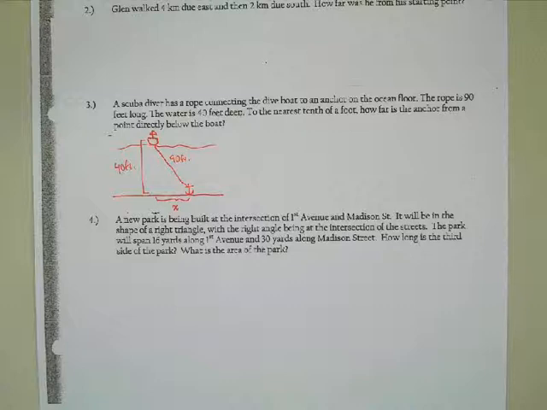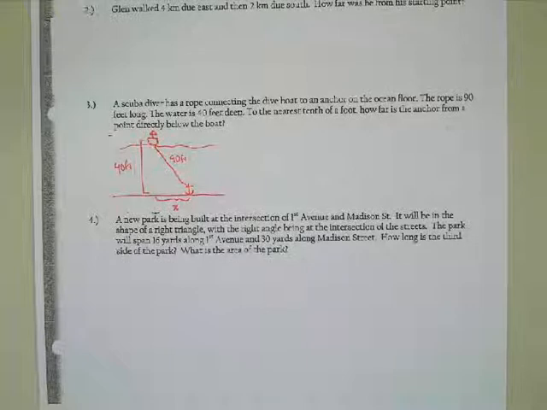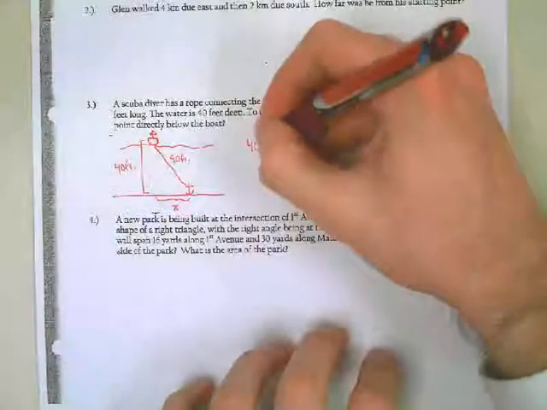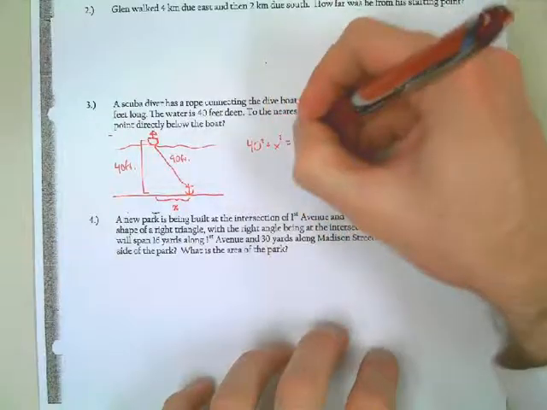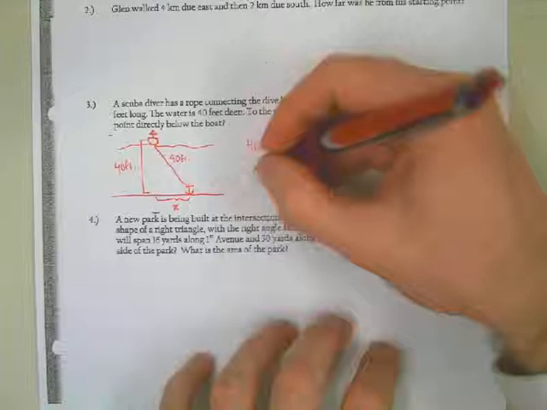So Drew, what would our setup be here? 40 squared plus x squared equals 90 squared. Yep, exactly right. That rope is the hypotenuse, and so then we'll just square, so it's 1,600 plus x squared equals 8,100.